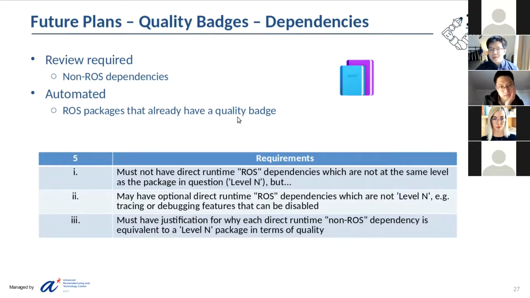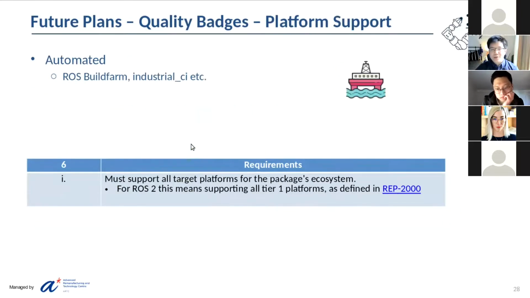For the ROS packages that already have a quality badge, we can just make use of that quality badge to determine whether your dependency has a lower quality level compared to yours.